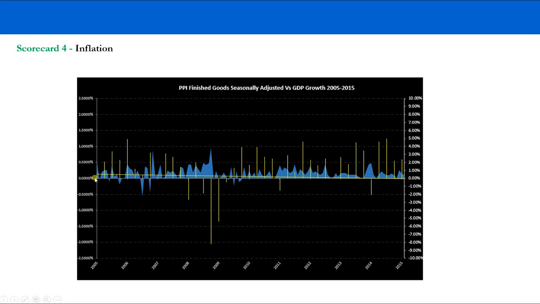So we can basically see zero inflation is generally associated with zero GDP growth. 0.5% is generally associated with 2%, 0.25% with 1%, and if we go even higher, 1% is generally associated with 4%.